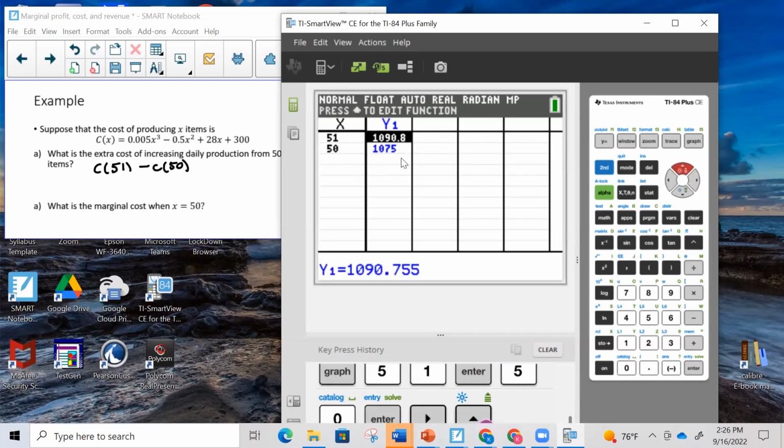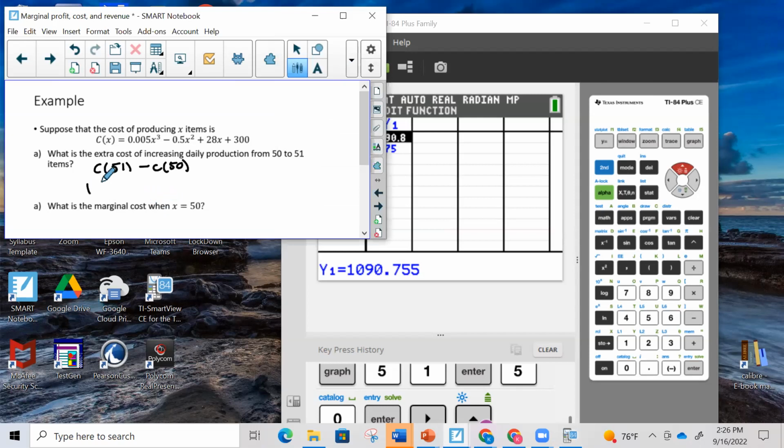And a lot of times this rounds it, so for a more accurate answer, if you highlight it, you'll get the more accurate value. Okay, so we get C of 51 is 1090.755. And then our C of 50 was 1075. And that is going to be the difference in costs.